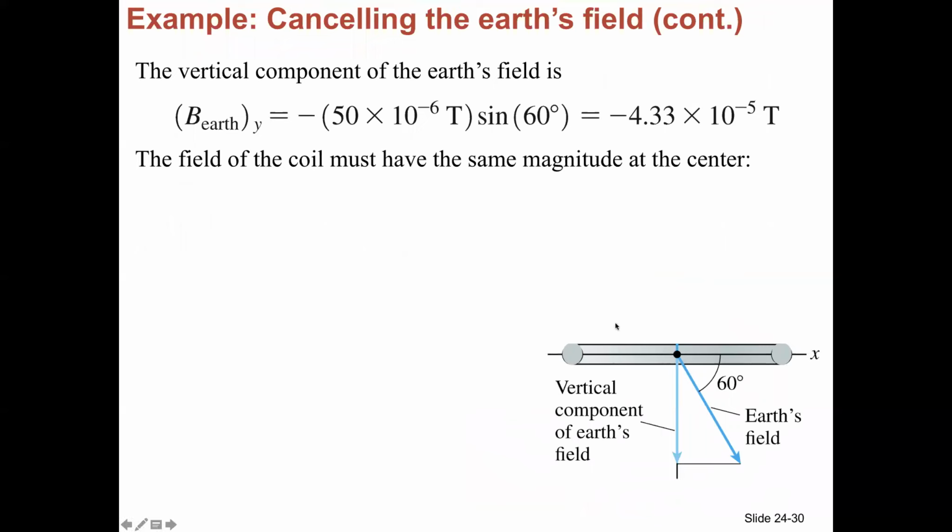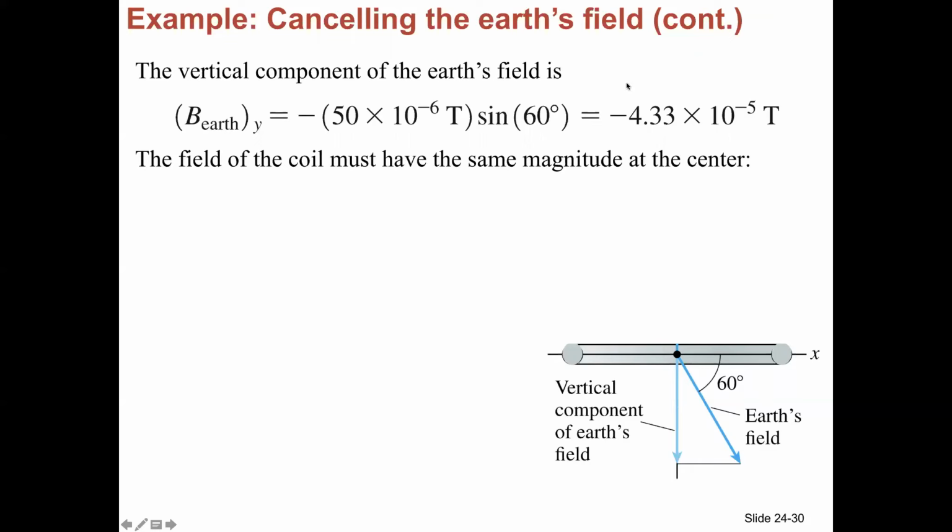So here, I'm going to speed up the vector mathematics. I will compute for you this vertical component of the Earth's field. So the total field is 50 microtesla. The vertical component is going to be that number multiplied by the sine of the angle of the field.